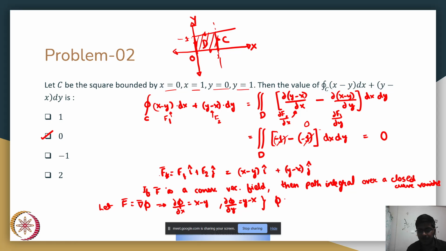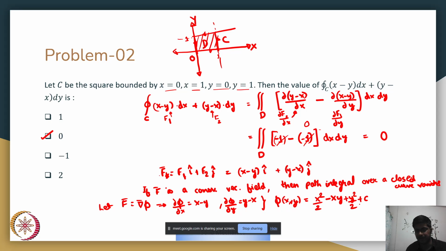From this, you can figure out phi as a scalar field over x and y to be x²/2 minus xy plus y²/2 plus c.